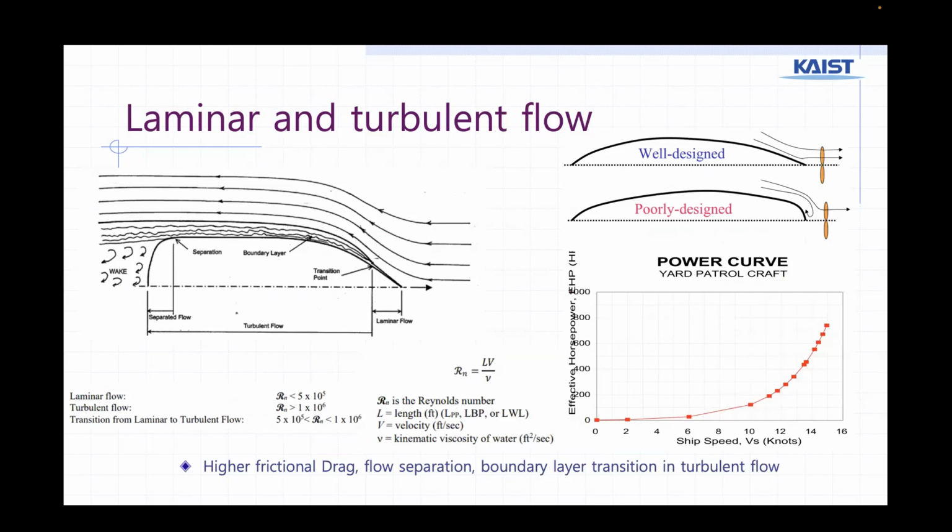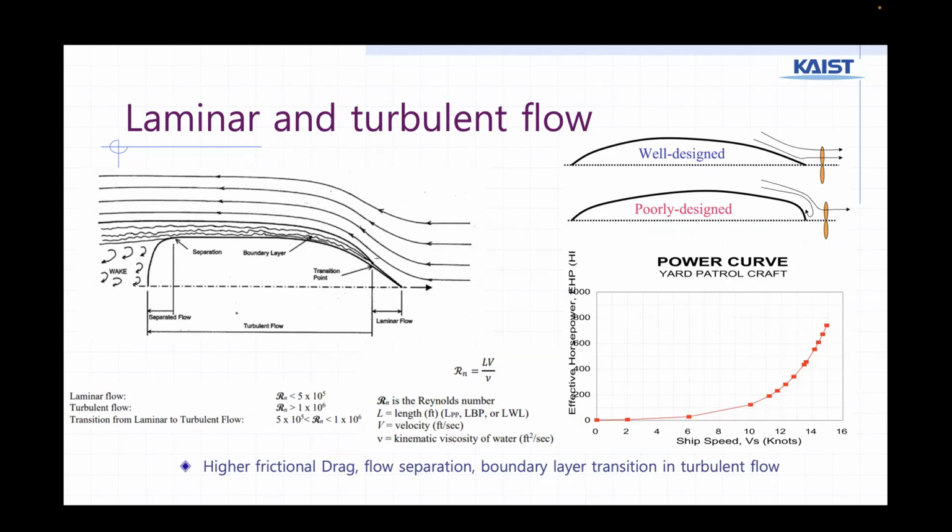The transition from laminar to turbulent flow is a critical factor in determining a ship's resistance. While laminar flow offers lower resistance due to its smooth, orderly layers, the more common turbulent flow increases resistance due to its eddies and vortices, which create friction between the flow and the shape of the body.